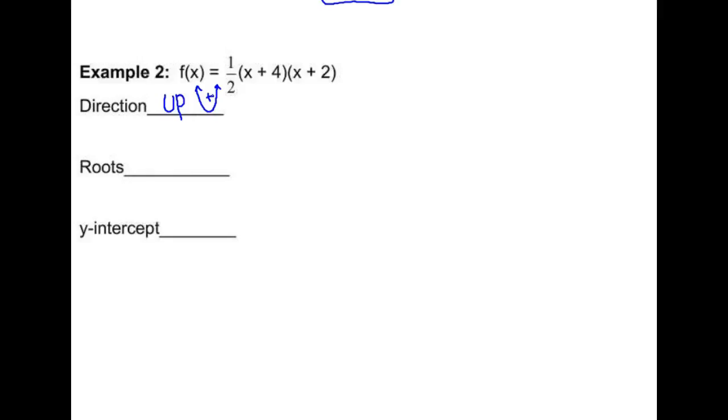To figure out our roots, just like the last equation, we're going to do x plus 4 has to equal 0, or x plus 2 has to equal 0. When we solve for this, we get x is equal to negative 4, and solving this one, we get x is equal to negative 2. So we're going to write down our answers. We have negative 4, 0, and negative 2, 0.